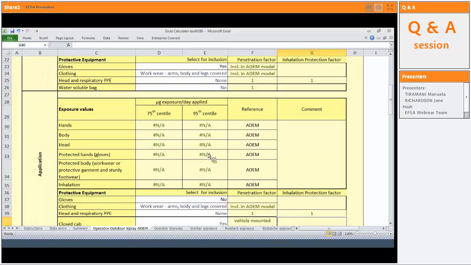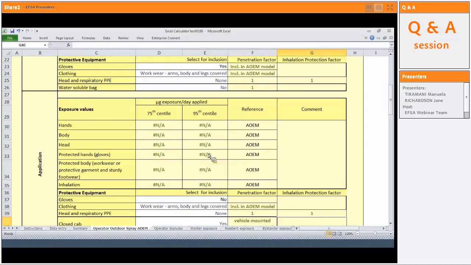Yeah, obviously, we agree that maybe it might not be the worst case, but normally we consider it is because we want to have the person exposed to the highest concentration.